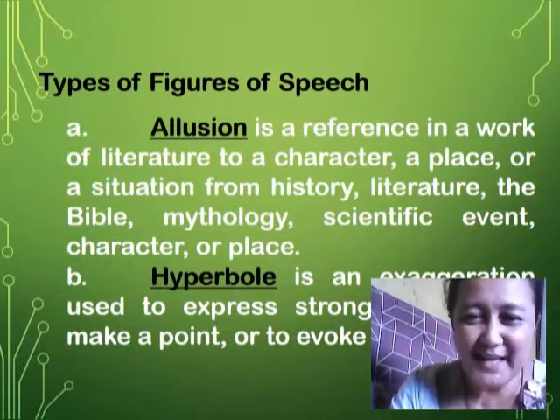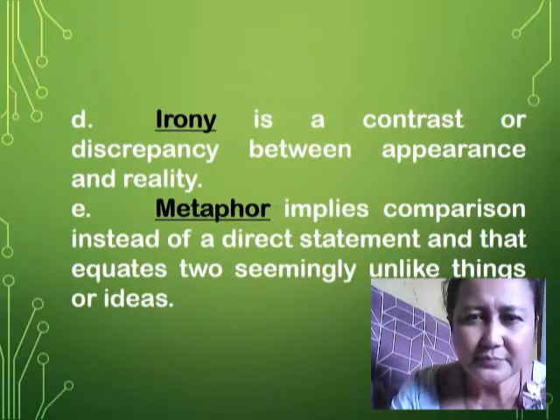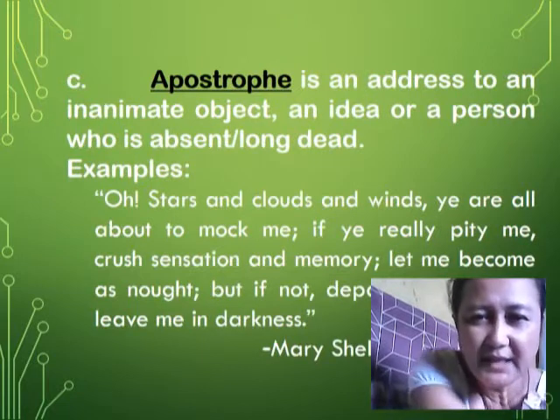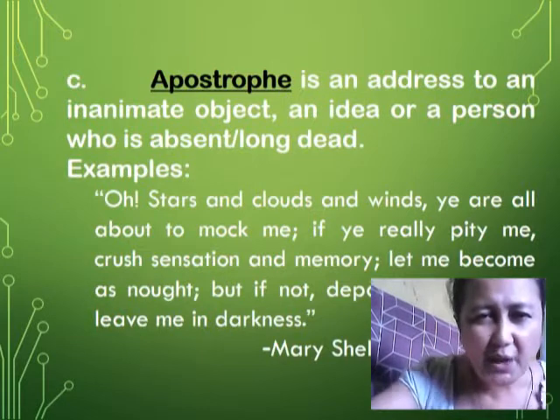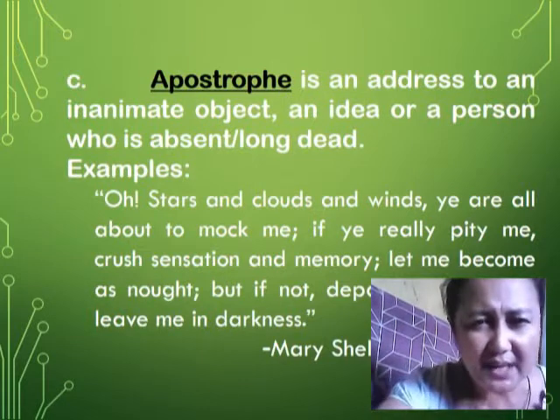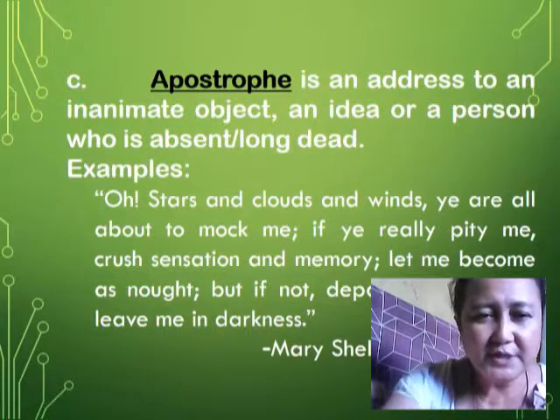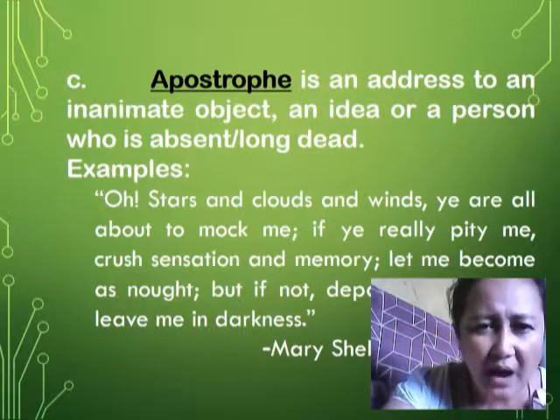Okay, so next is apostrophe. It is an address to an inanimate object, an idea, or a person who is absent or long dead. Okay, so for example, this: Oh, stars and clouds and winds, you're all about to mock me.